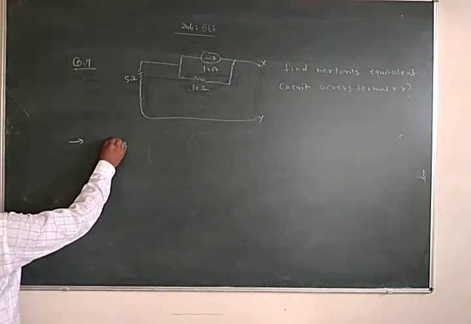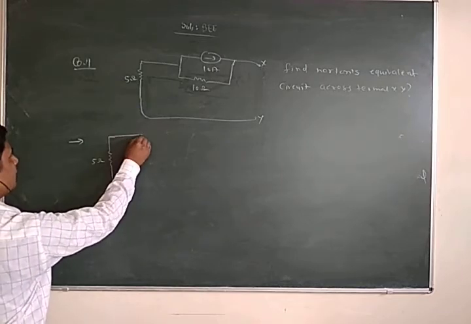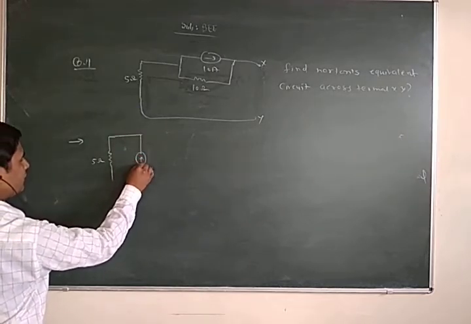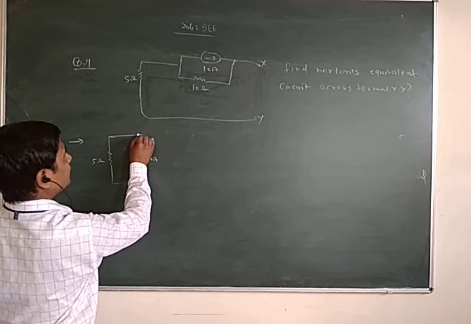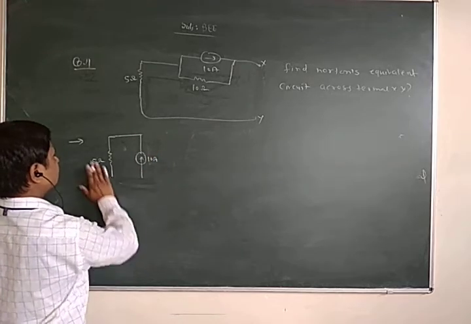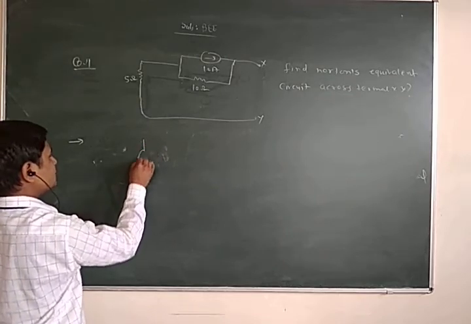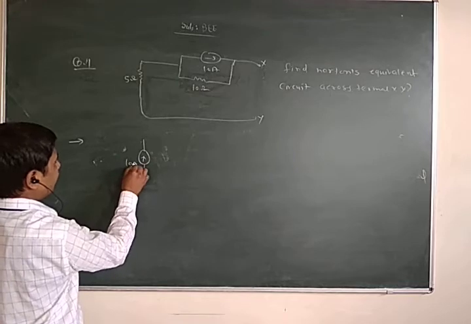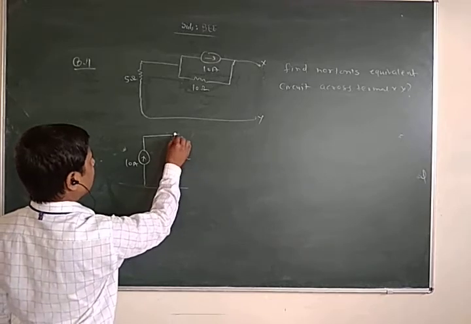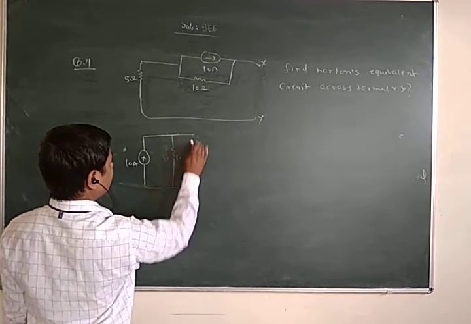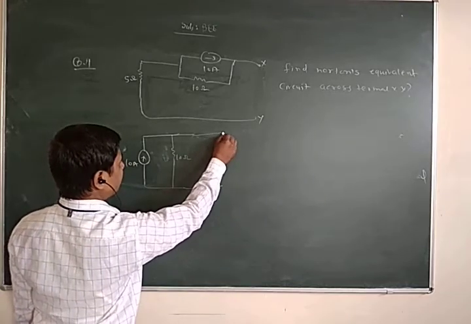The network has a 5 ohm resistor, a 10 ampere source, a 5 ohm branch and a 10 ohm resistor, and these are the XY terminals.